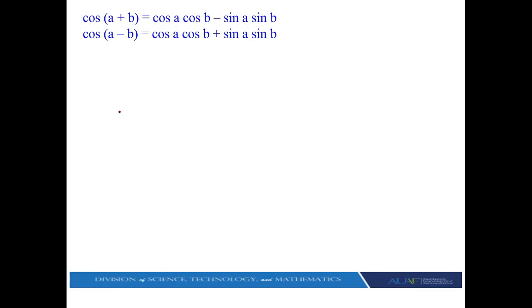We have cosine of alpha plus beta equal to what? Cosine alpha cosine beta minus sine alpha sine beta.